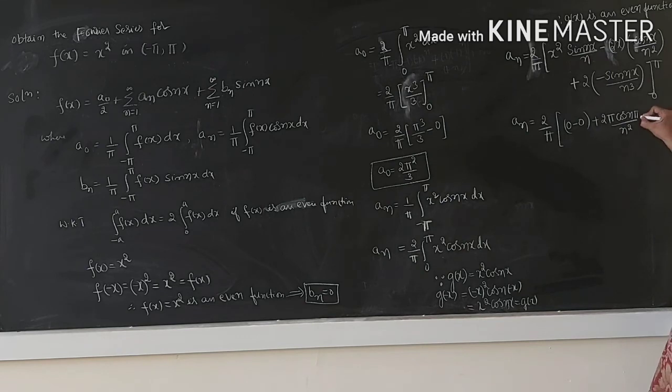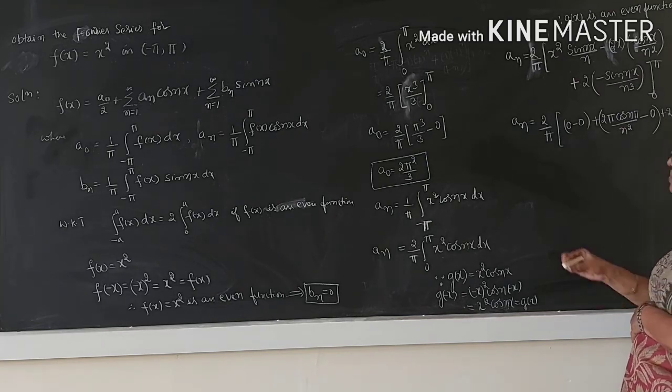Again, I am substituting the value of lower limit. Lower limit means x is equal to 0. 0 into anything is 0. Therefore, I write this term. Next, I write plus 2 into sin n pi value is 0. Sin 0 value is also 0. Therefore, I write this much.